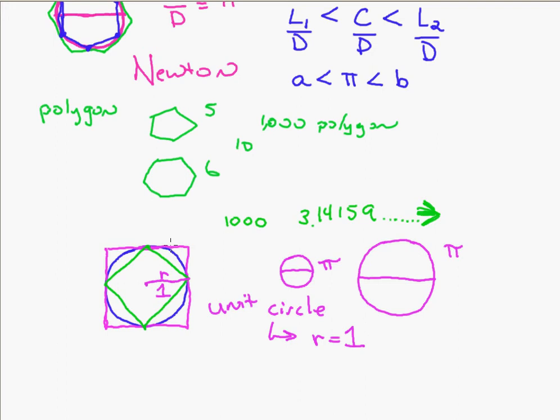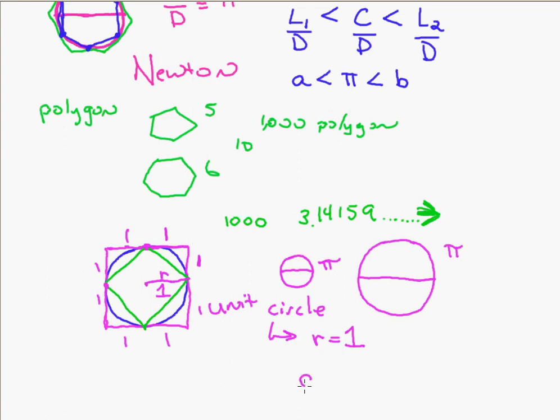In fact, you can see the outside square is extremely simple to calculate. If the radius of the circle is 1, then you know that this length here is also equal to 1, and this length here is 1, and all these lengths from the middle of the side out are equal to 1. So the total distance around this first square is going to be, add them up, equal to 8.